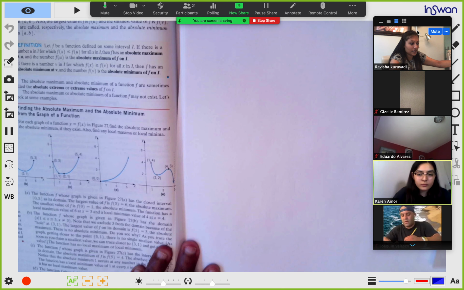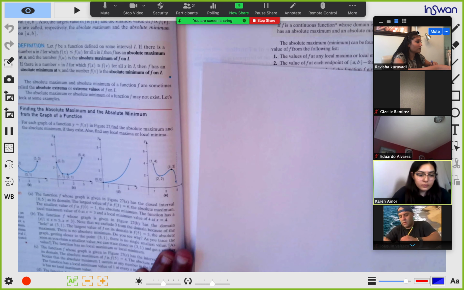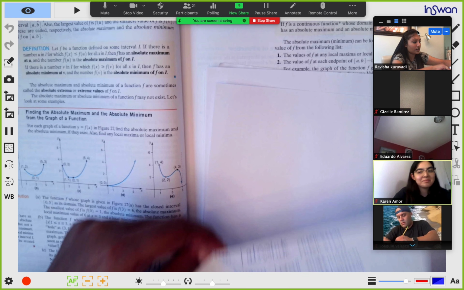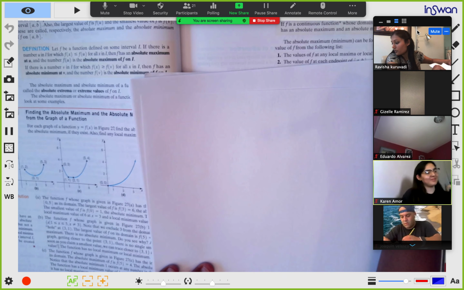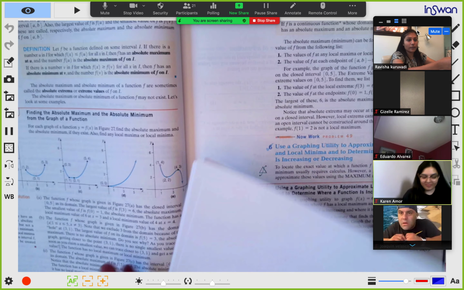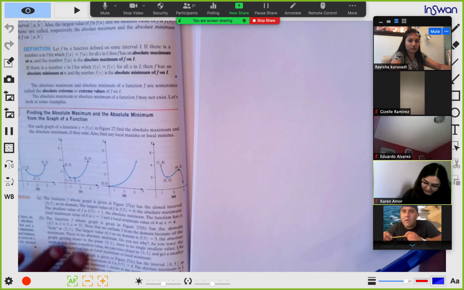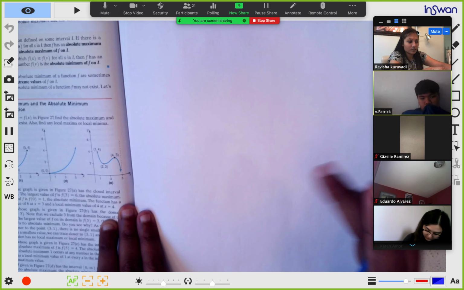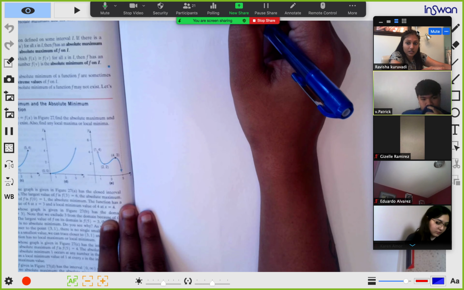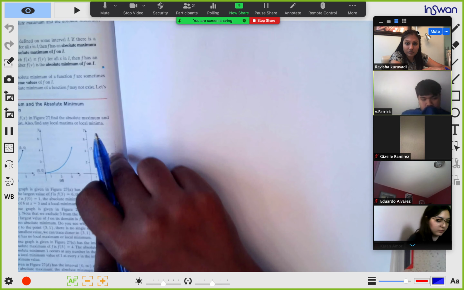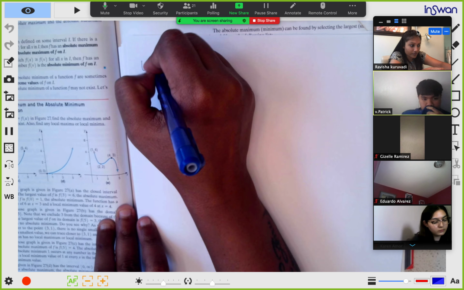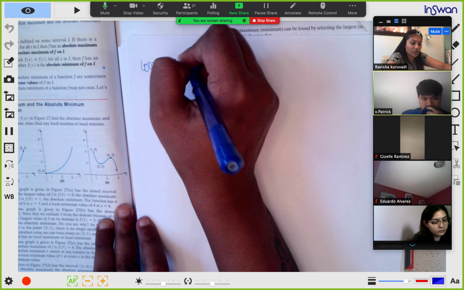Okay. Let's see. This is nice. Can you tell me the last one? Okay. Local maximum, local minimum, right? Well, let's see. What are local max points?